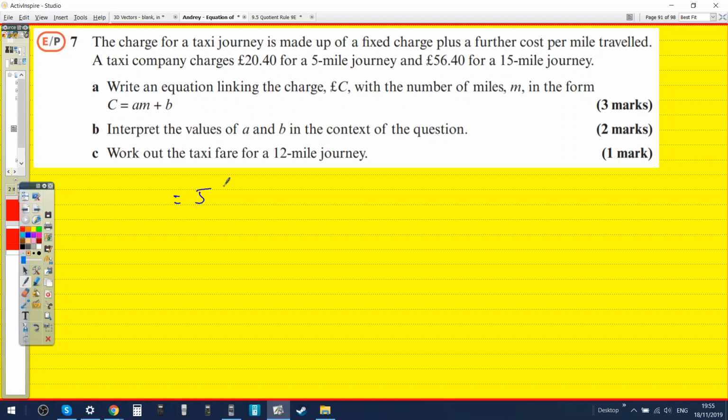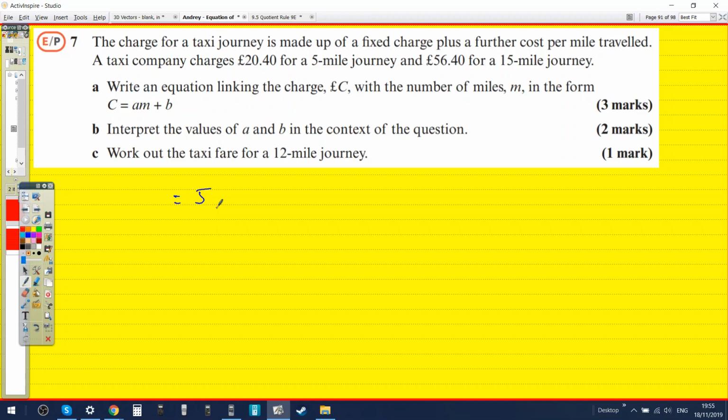So C is the charge, M is the number of miles, and now do I need to just find A and B now? Yes, but you have to construct the equations first. Okay, so y equals mx plus c, and then here it's going to be C equals AM plus B.